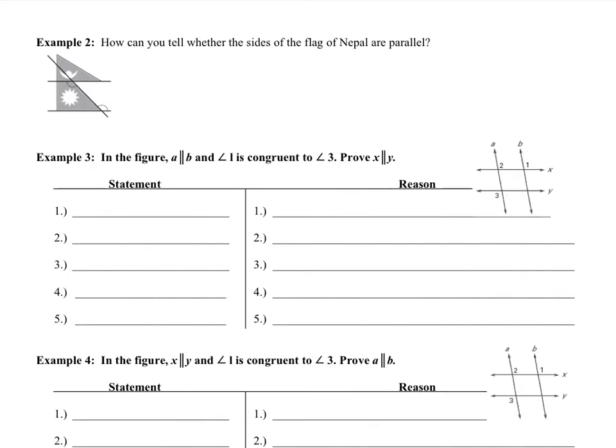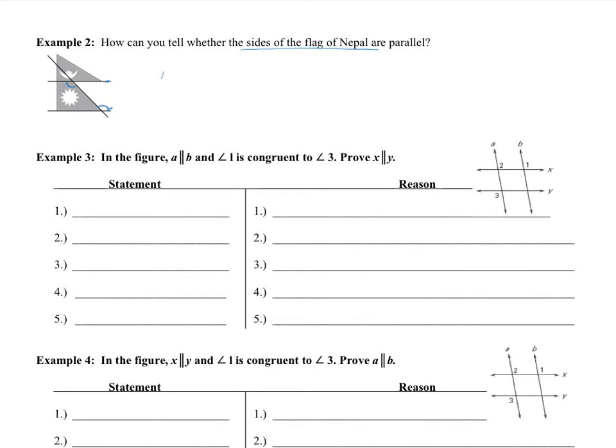Example 2. How can you tell whether the sides of the flag of Nepal are parallel? So we want to look at the little arcs here. Since they're the same, it's representing that these two alternate interior angles are congruent.